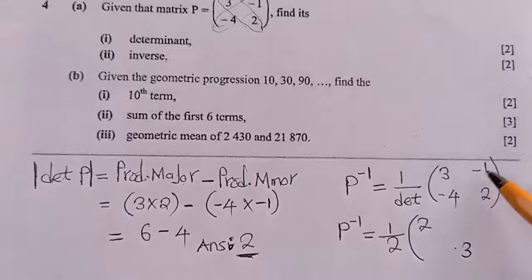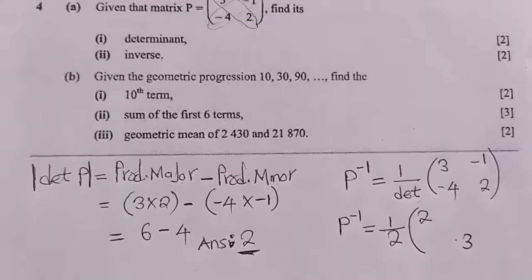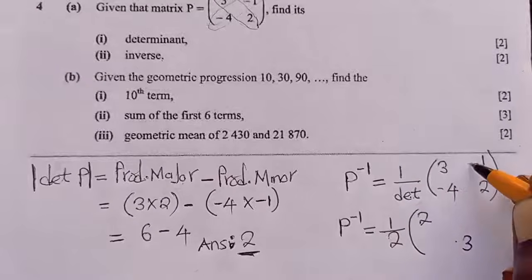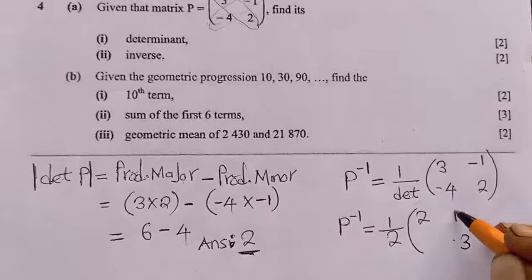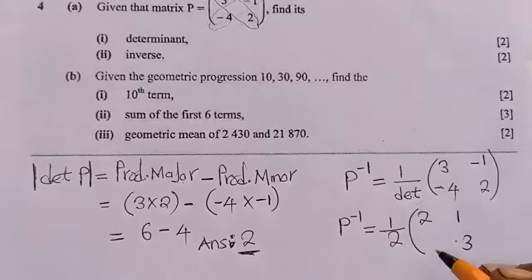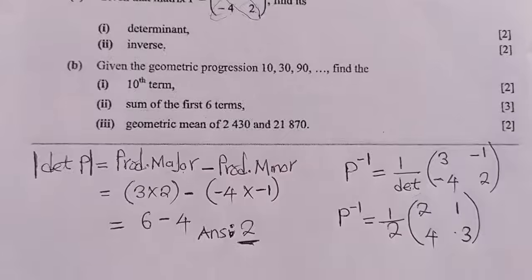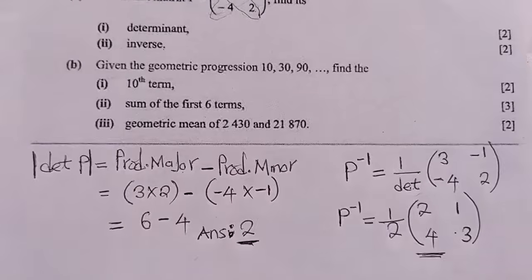In the minor diagonal, signs are going to change. If it is negative, it becomes positive. If it is positive, it becomes negative. So this one is negative 1, so it becomes positive. This is negative 4, it becomes positive.